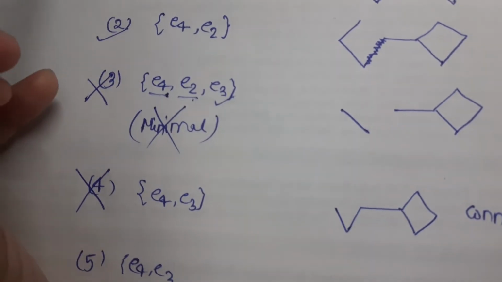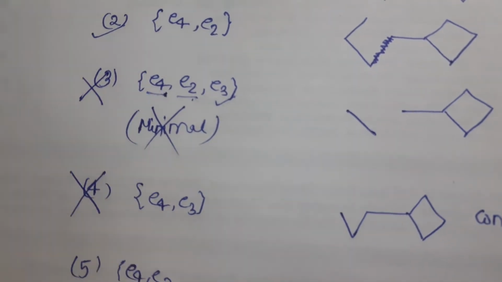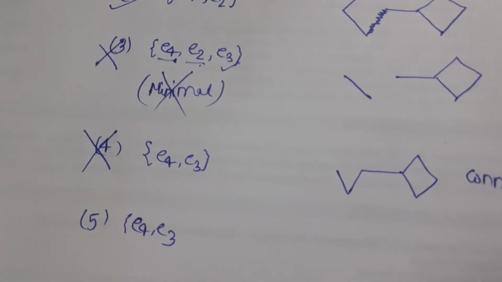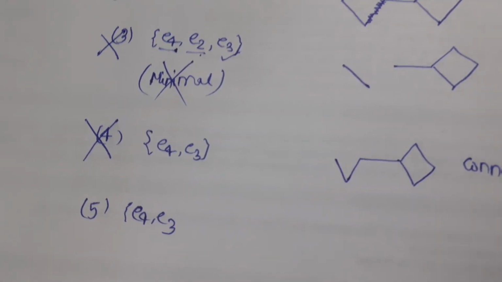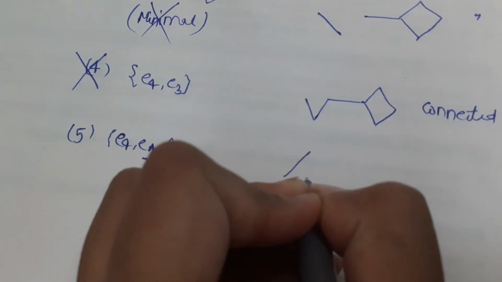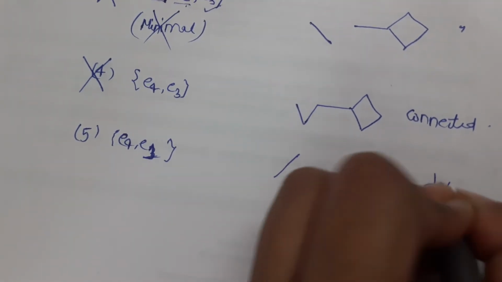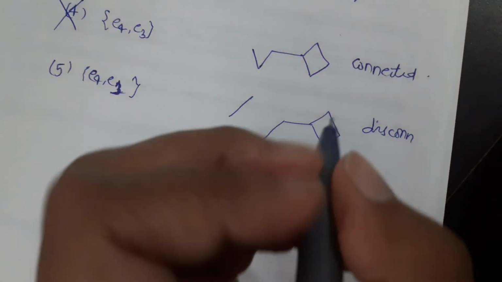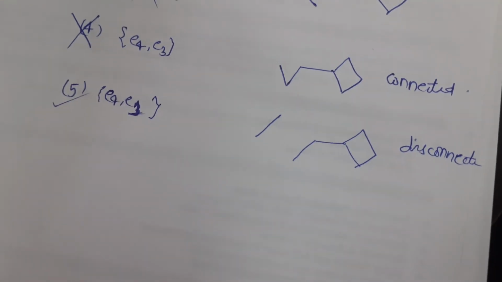E3 is not required. So with E4, E3, it can never be a cut set, right? If I take E4 and E1, then if I remove E4 and E1, the graph I received is this one. This is disconnected. So it is a cut set.